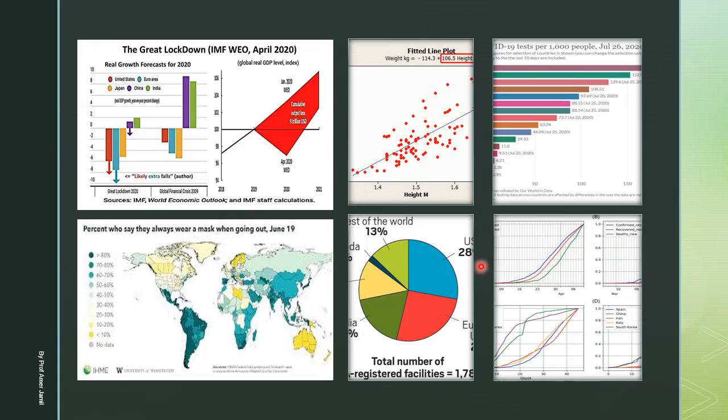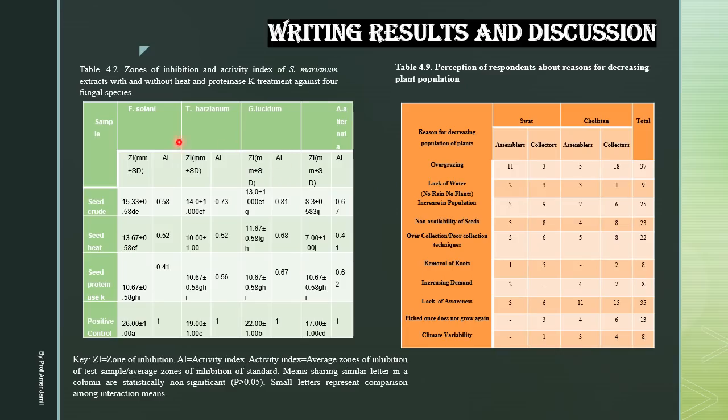So these are examples that have already been given. This time these data points are yours, but in the review chapter you give the data points of other researchers. This is the main difference. You give the table number and its title on top of the table.